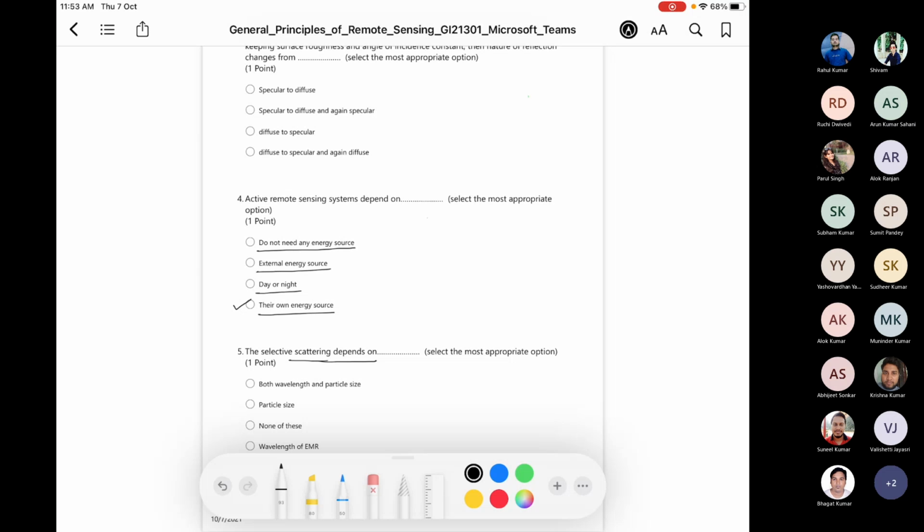See, there might be a swap in the options, maybe you are looking at one and that is fourth in my case, but their own energy source is mentioned in both. Maybe that option could be changed, meaning in your case this option is given as A, while in some other it is given as B.